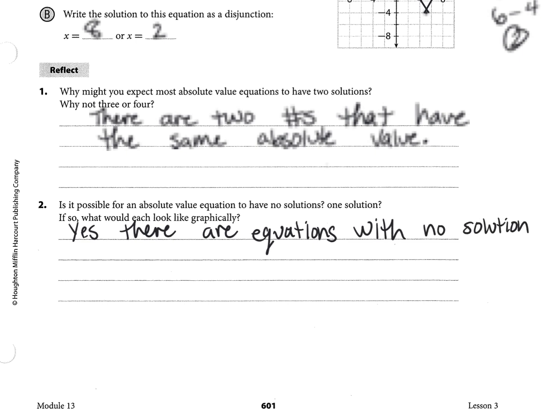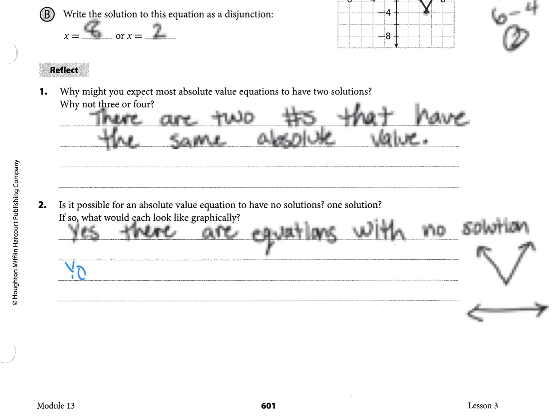And graphically, that might look something like this. Here's our absolute value function, and here's the number that it's supposed to equal. Do those ever intersect? No, because the absolute value function is going to continue upwards, and the constant function is going to stay below.